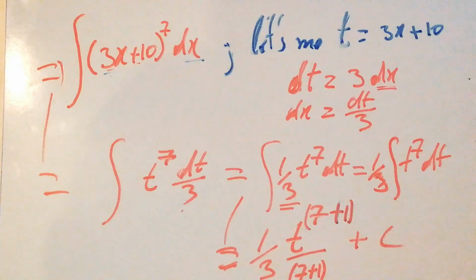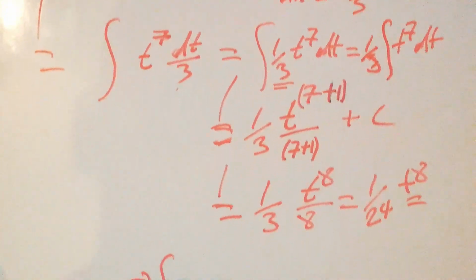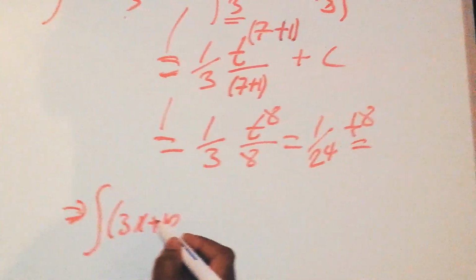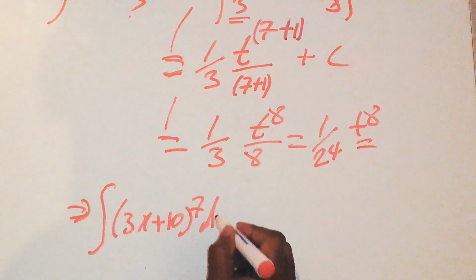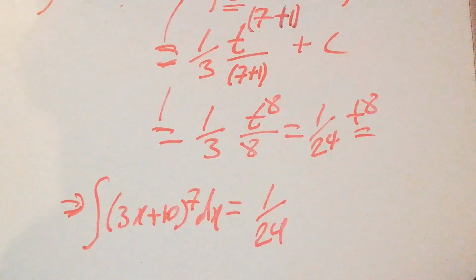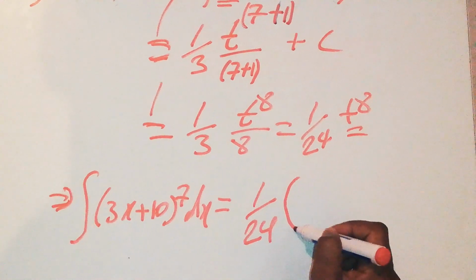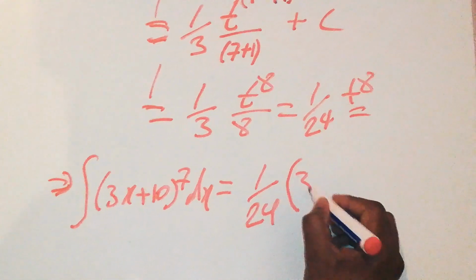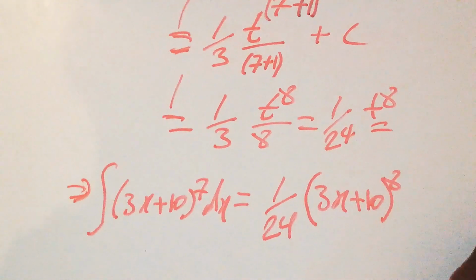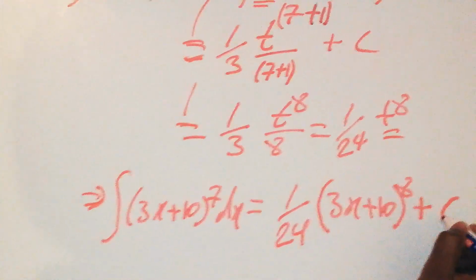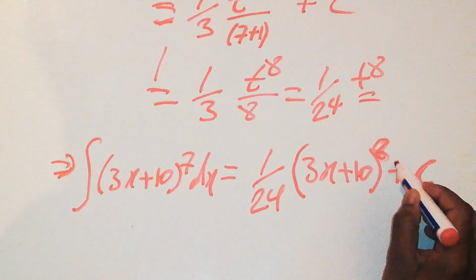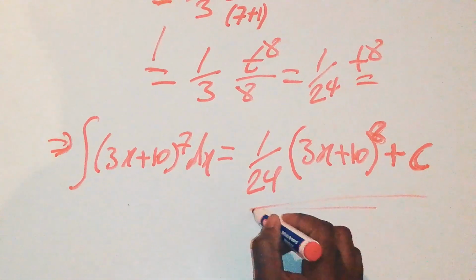So the integral of (3x plus 10) exponent 7 dx is equal to 1/24 times (3x plus 10) exponent 8 plus c. So this is the answer.